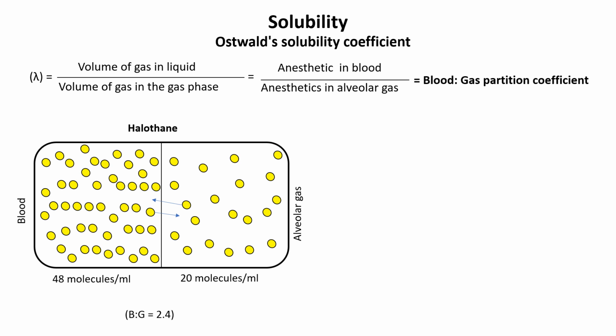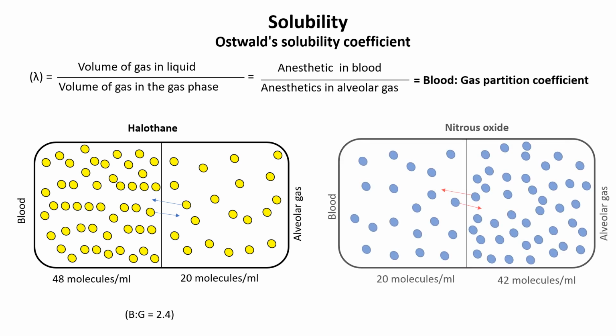It means that, at equilibrium, the concentration of halothane in the blood is 2.4 times higher than in the alveolar gas. On the other hand, a far larger number of nitrous oxide molecules remains in alveolar gas relative to the blood. So, the blood-gas partition coefficient of nitrous oxide is low.